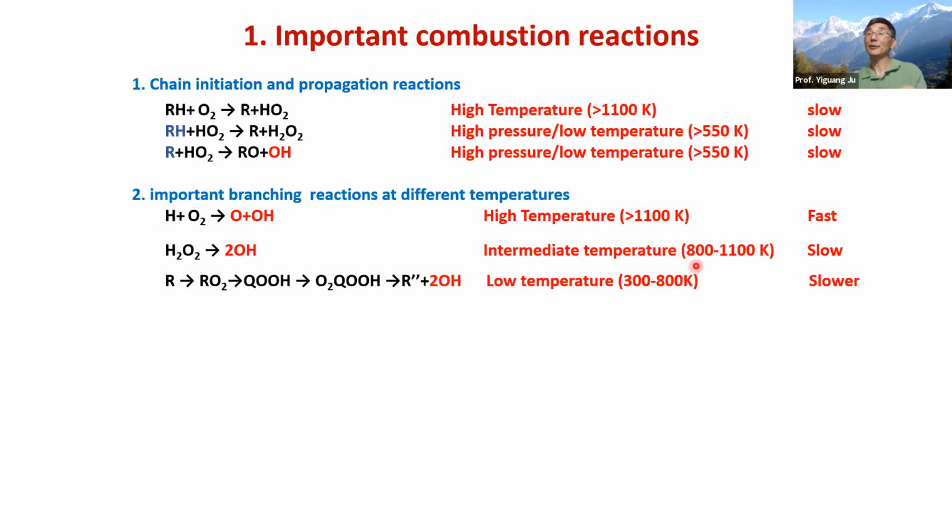For intermediate temperature, where this reaction is the dominant chain branching reaction, plasma can win. For lower temperature, if that is the range you are interested in, plasma can do great things for you. So before you start your problem, whether combustion can do it or not, try to look at whether plasma can win over this kind of key reaction rate.